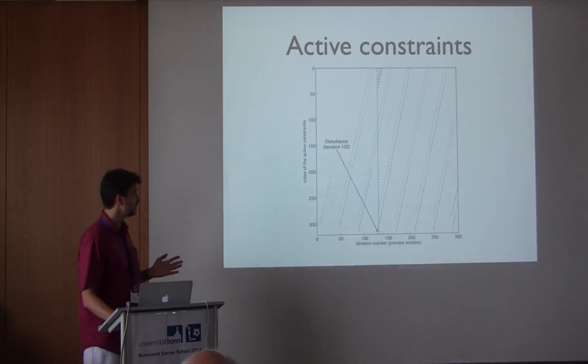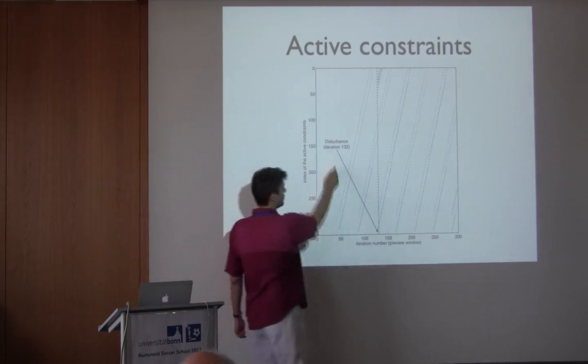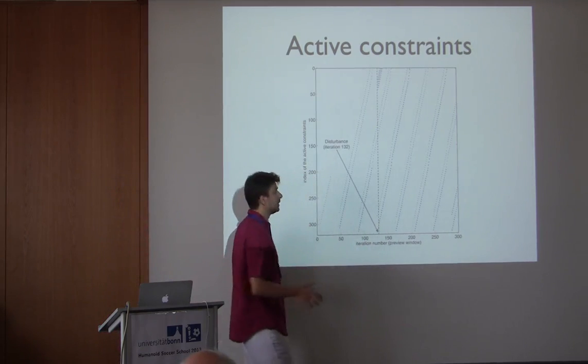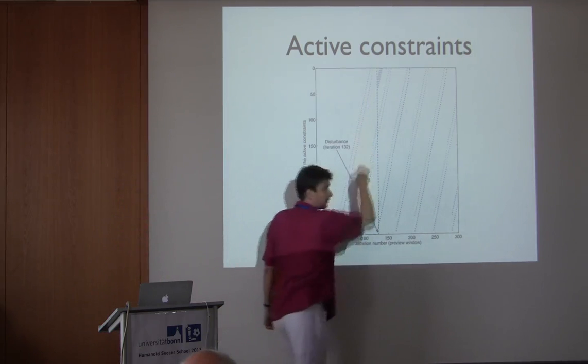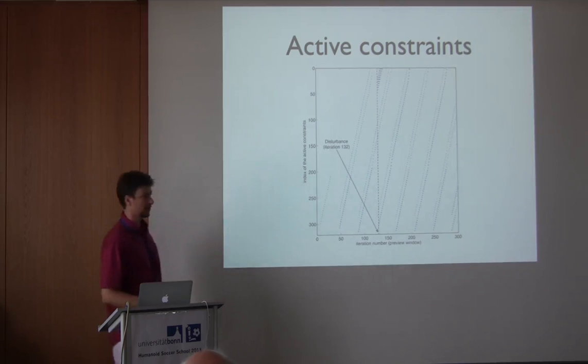But you really don't need much more than one or two iterations, and most of the time no iteration. And here you can see, for example, there is a disturbance happening here. So here I push the robot. Then you suddenly have a lot of constraints activated, but then they go away nicely.